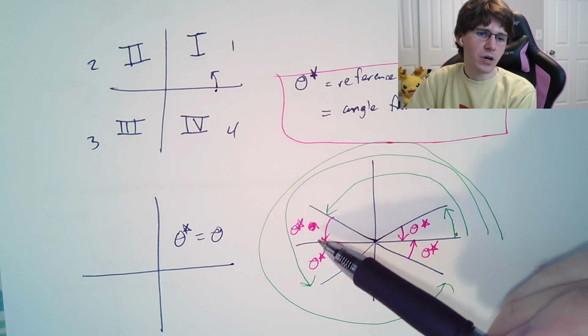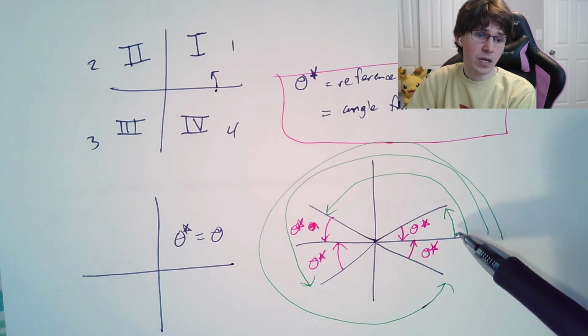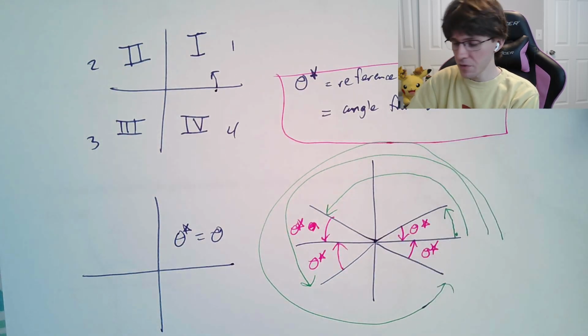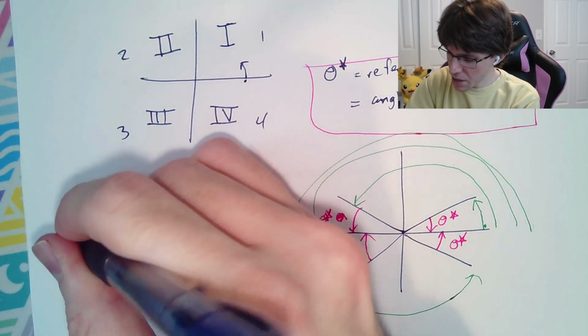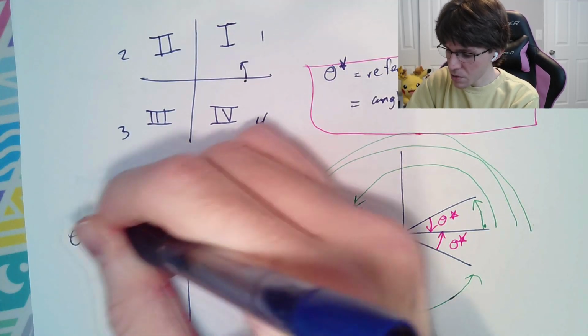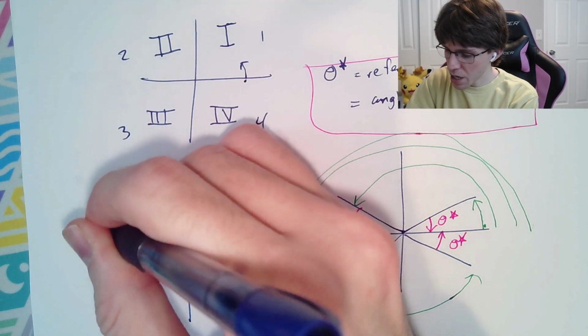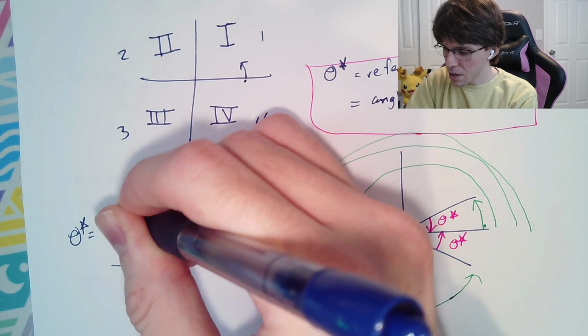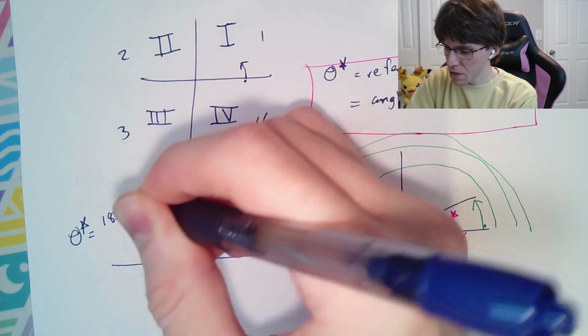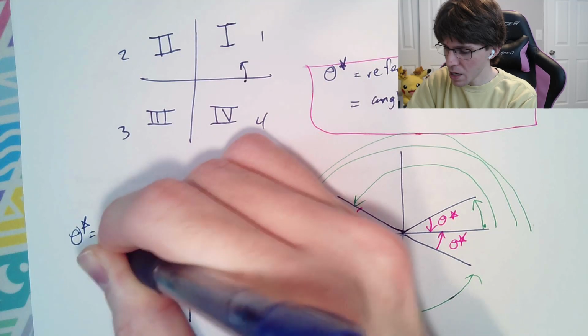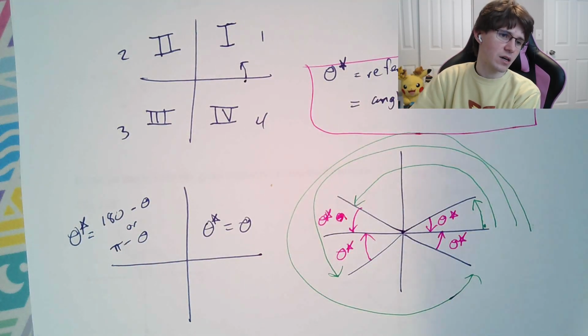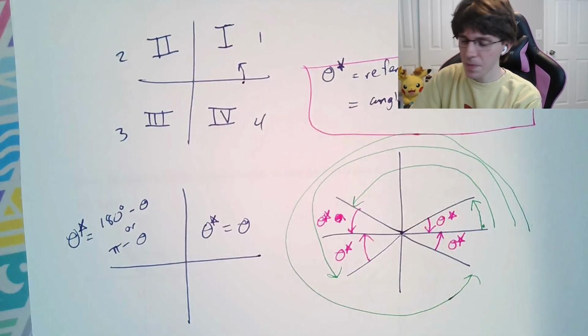So we do 180 degrees or pi radians, and we subtract. We would say that theta star is equal to either 180 minus the original theta or pi minus the original theta, depending on if you're in degrees or radians.